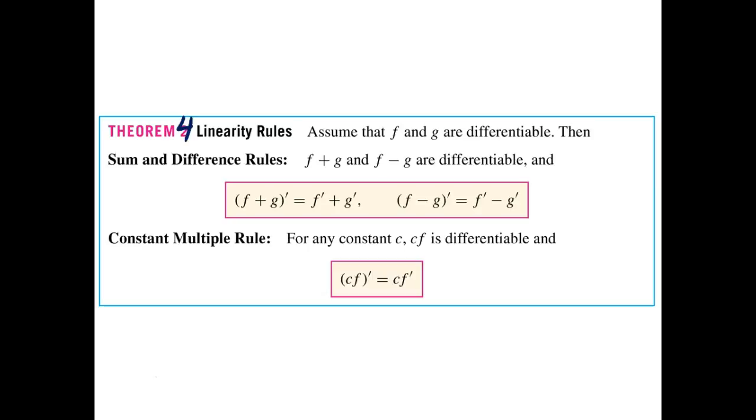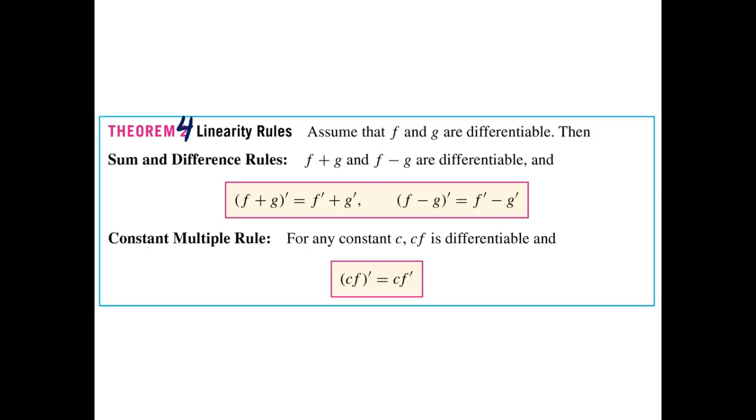The derivative of that new function, f plus g, so f plus g prime is f prime plus g prime. So the act of taking a derivative over a linear combination is just, here's an easy way to say it: derivative of a sum is the sum of its derivatives. Okay? The derivative of the difference is the difference of those derivatives. That's linearity, or that's part of it.